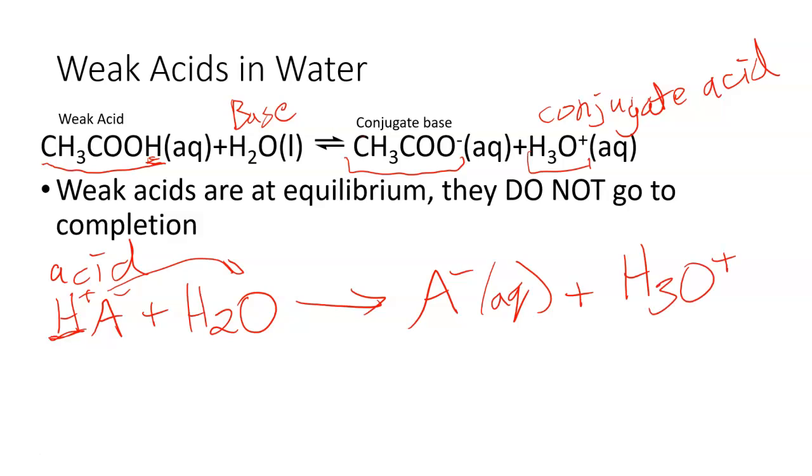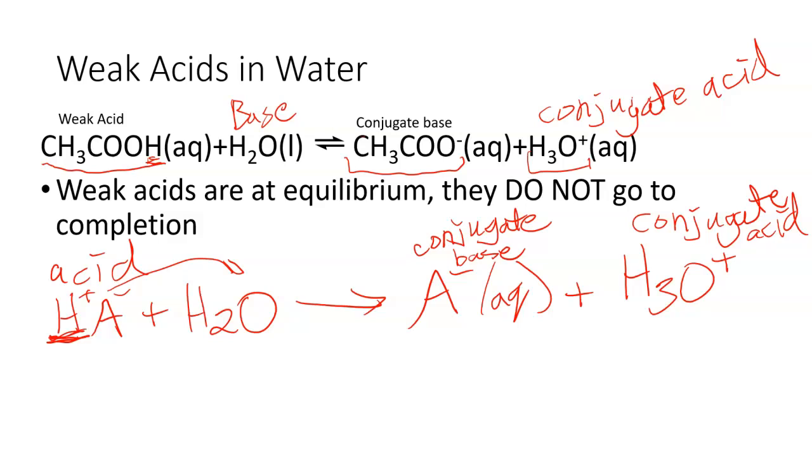So we're taking away one H plus ion from the compound, moving it to the water to make our conjugate base. So the conjugate base is essentially what's left over when we take the hydrogen away from our acid, and the conjugate acid is where that hydrogen goes to.